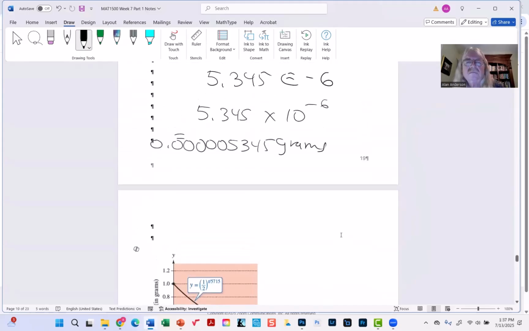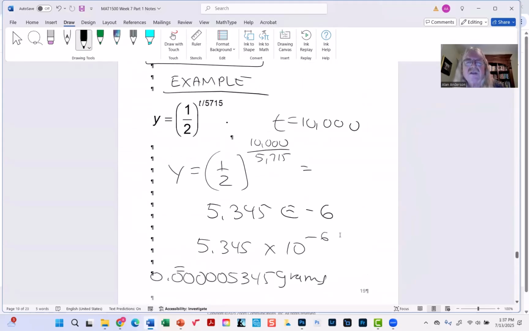Hmm. That's interesting. I got something different. Let me double check my numbers. Oh, I made a typo. It's a good thing I double checked. Hold on one second. Yeah, we knew something wasn't right. Never mind the scientific notation.